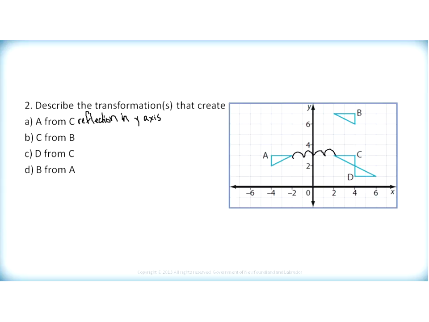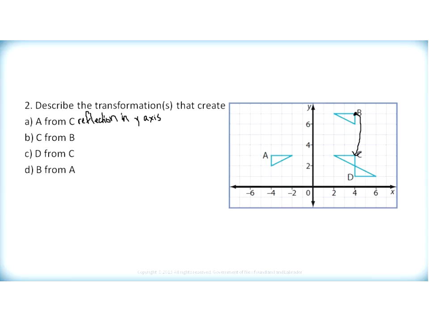Okay, how do I get from C to B? Or C from B, apologies. So I'm at B up here, and I'm going to go to C. They have the exact same orientation.